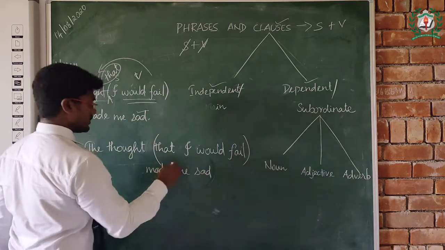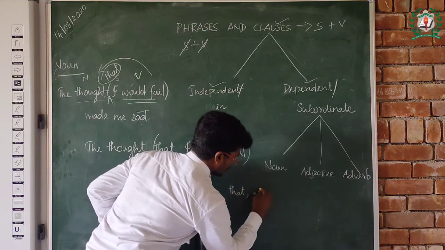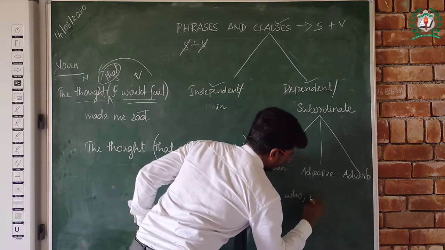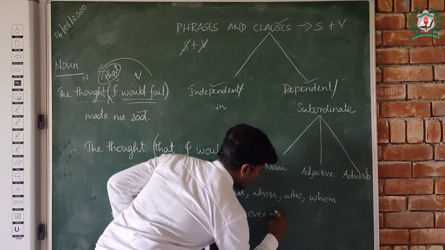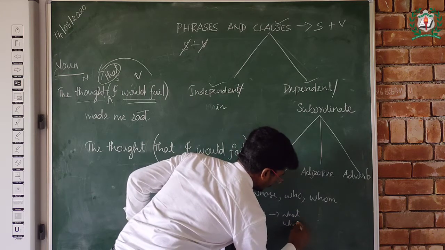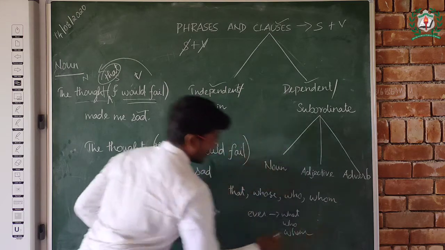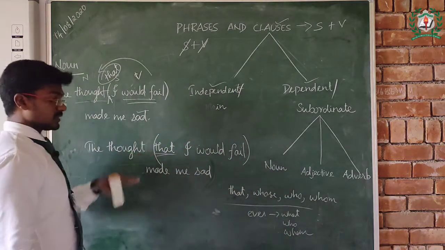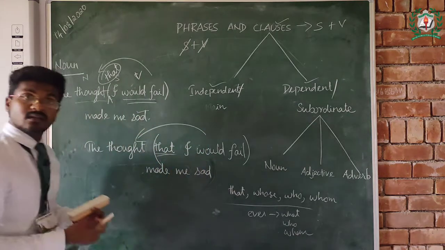"I would fail" starts especially with words like that, whose, who, whom, and ever, that is, what, who, whom. A noun clause starts with these. You see that it starts with "that," and it supports the noun, so it is said to be a noun clause.